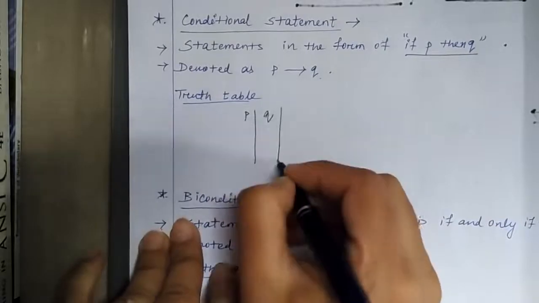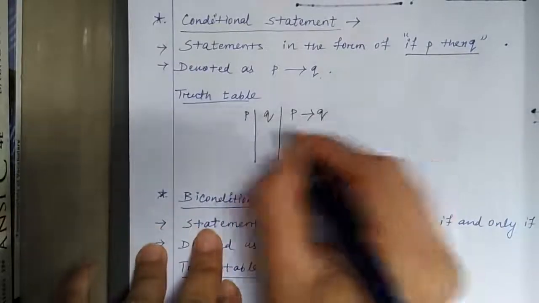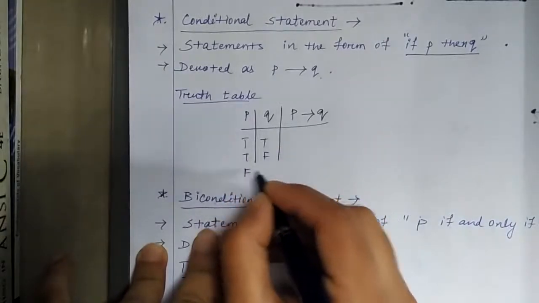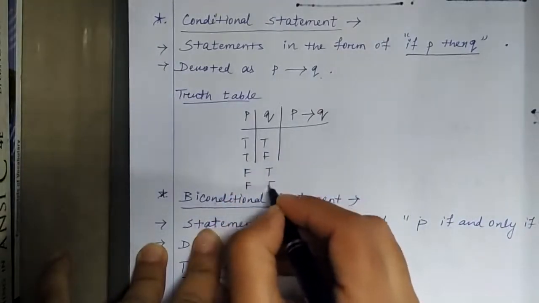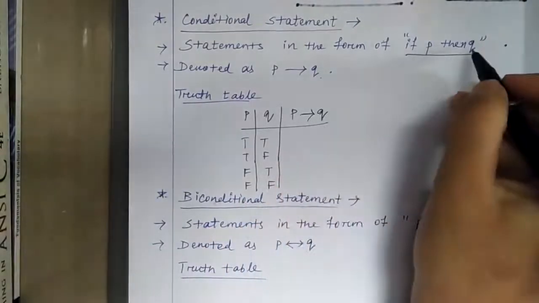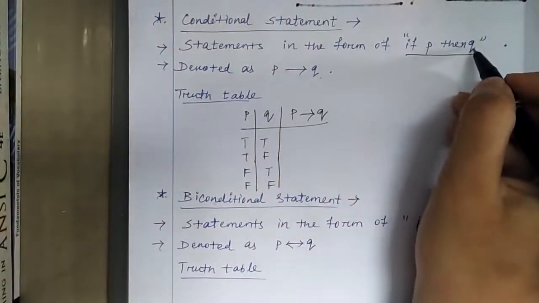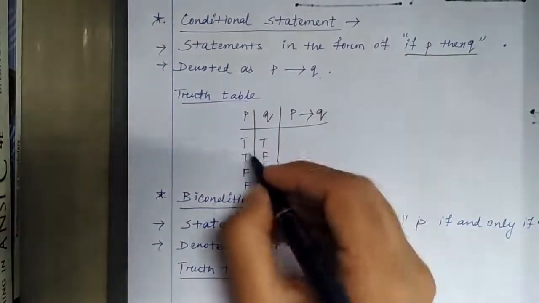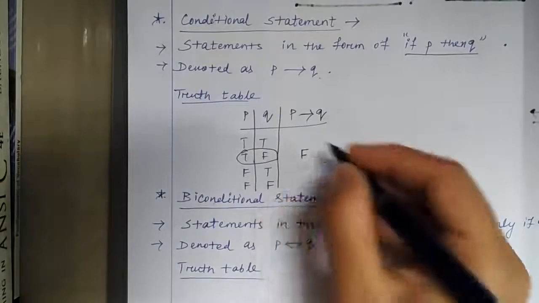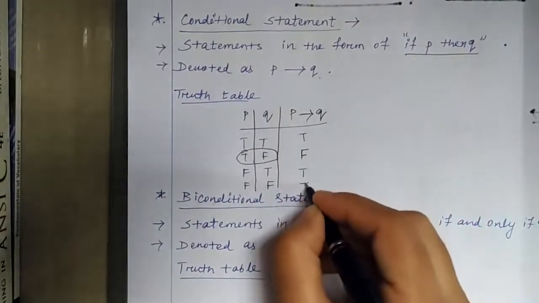That is P, Q, P implies Q. So true true, true false, false true, and false false. If P then Q is there, then only true false will be false, otherwise the rest are all true.